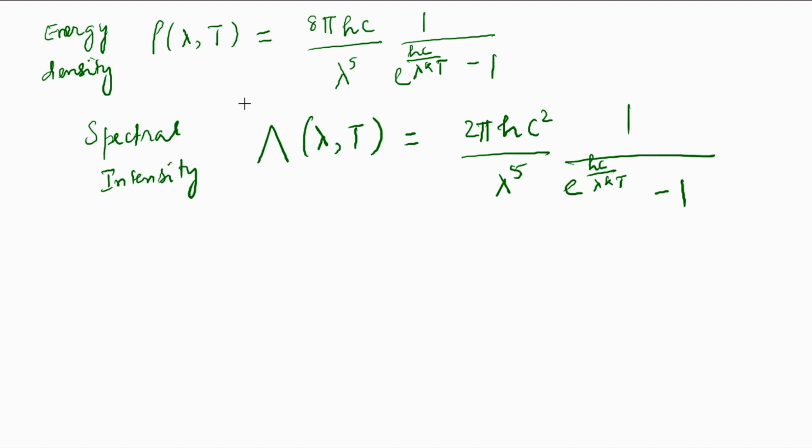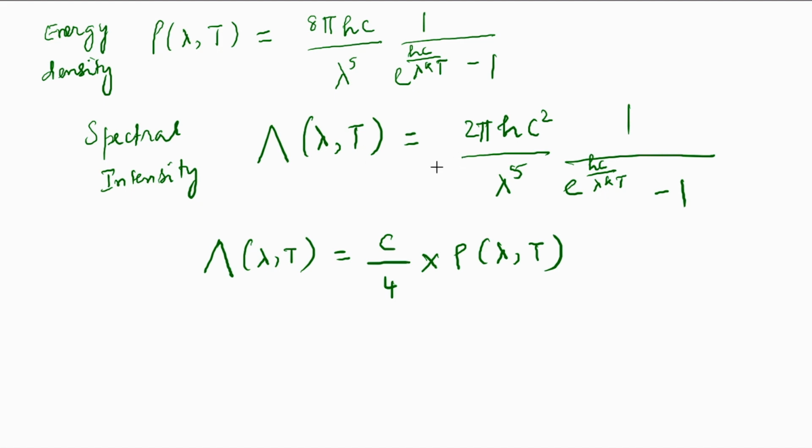The relationship between these two quantities is simply the spectral intensity, which is a function of wavelength and temperature, is equal to c over 4 times the energy density rho, which is again a function of the wavelength and temperature T. In this, h is the Planck's constant, c is the speed of light, lambda is the wavelength, k is the Boltzmann's constant, T is the temperature.